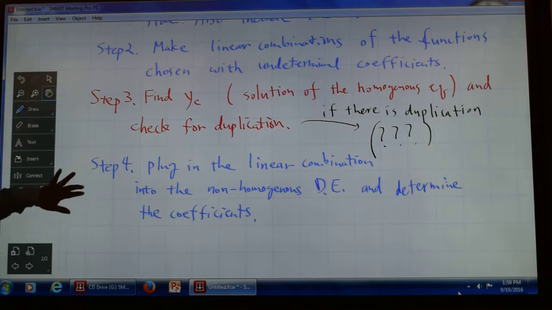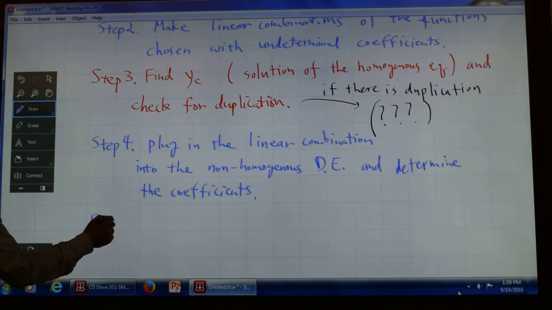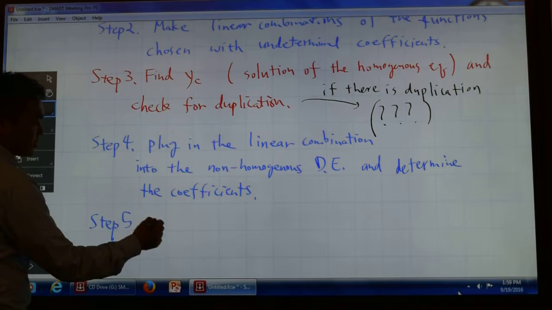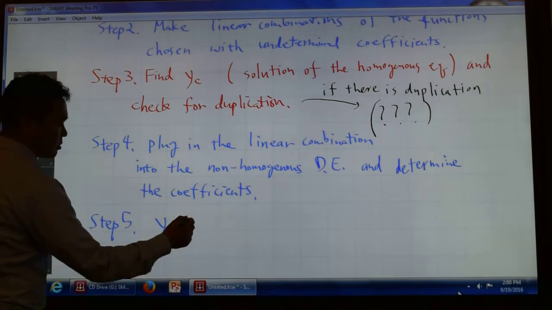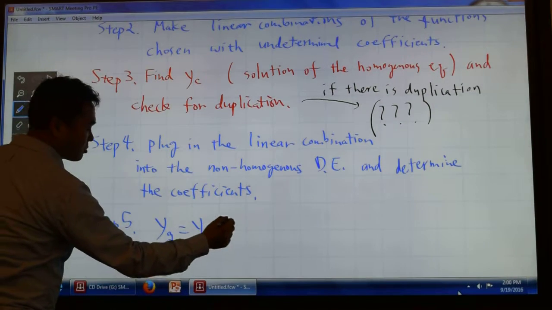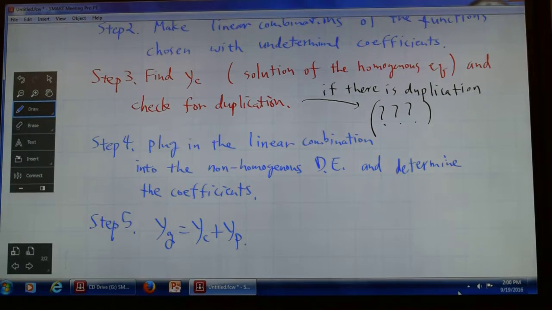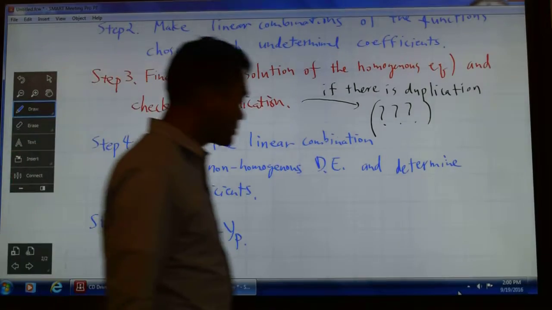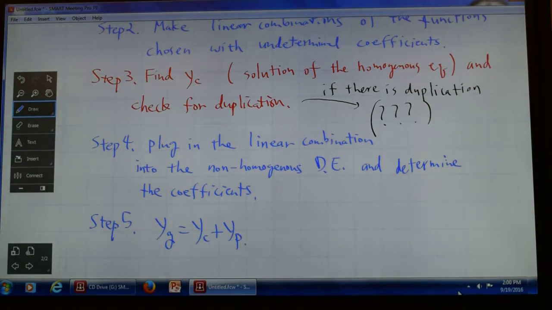And then finally, step 5. Once you did everything, your general solution is the sum of the complementary solution plus the particular solution. So that's the general plan of the method of undetermined coefficients, and you pretty much know everything except this part, how to deal with the duplication.